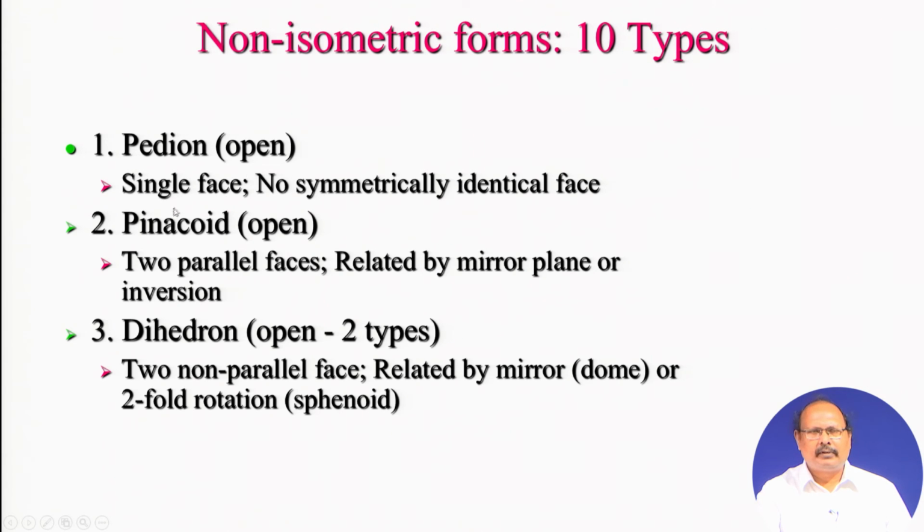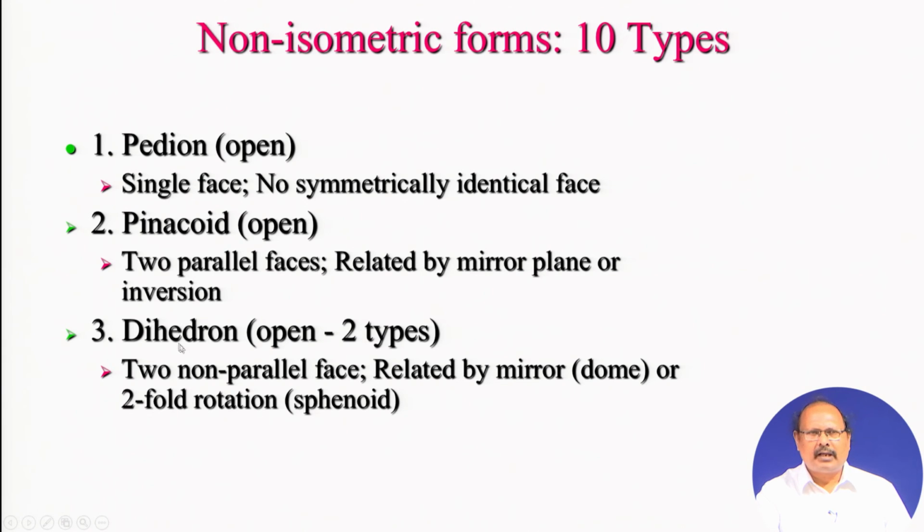Now, the second one is called pinacoid. This is also an open form. So, there are 2 parallel faces, they can be related to each other by a mirror plane or by inversion. When you have an inversion, then this is bar 1 that we see in the triclinic crystal system, and when you have mirror planes, that will be in the monoclinic crystal system.